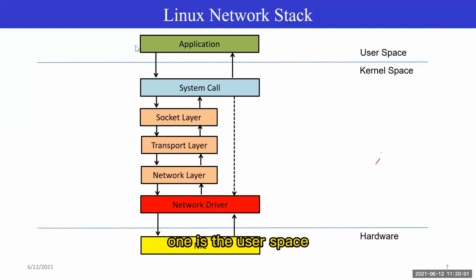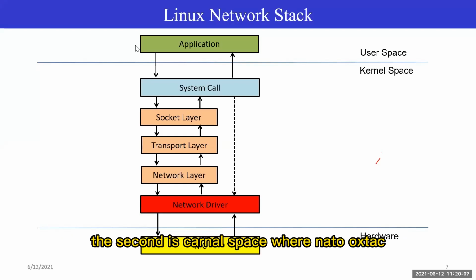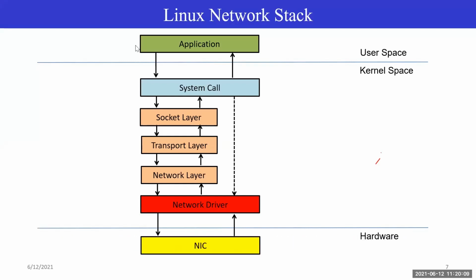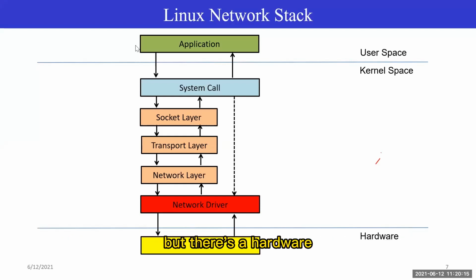One is the user space, where the user space application processes are running. The second is kernel space, where the network stack exists. And the third is not the hardware space, I will call it, but there's hardware. So it could be a network interface card, your Wi-Fi, your Bluetooth, your USB dongle, and all that.